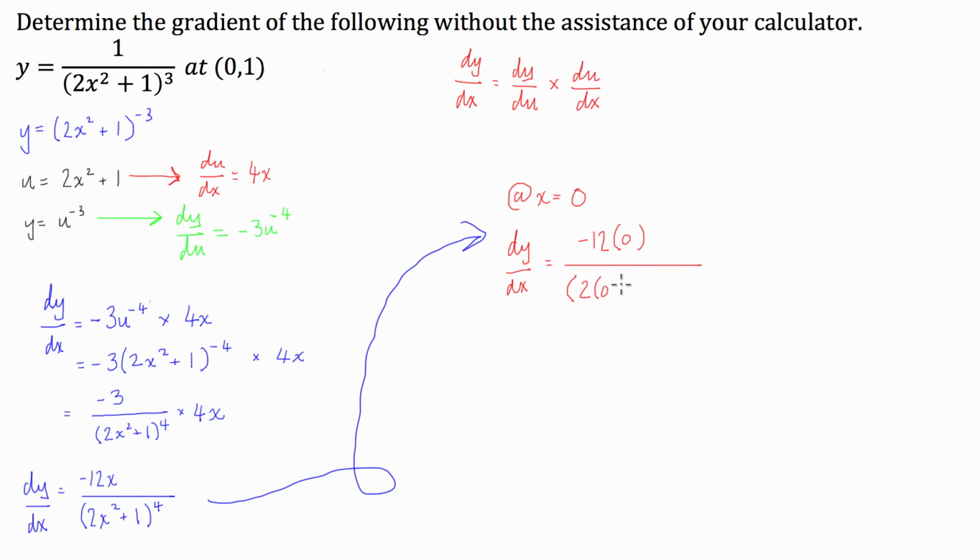Two bracket 0, and what this actually comes out to be is, well, 0 times negative 12 is 0.